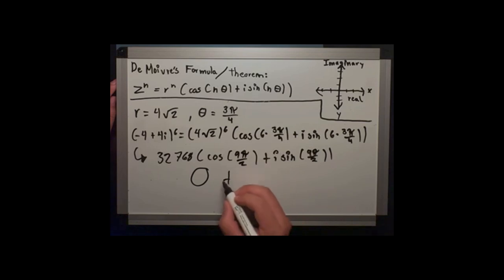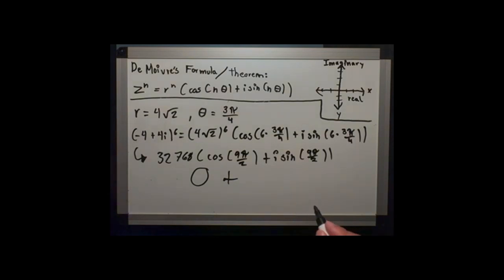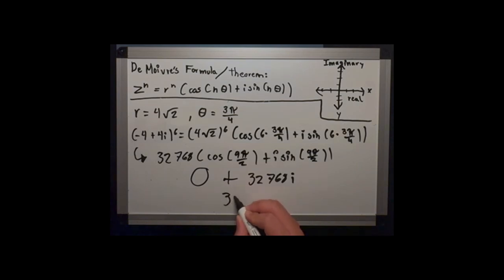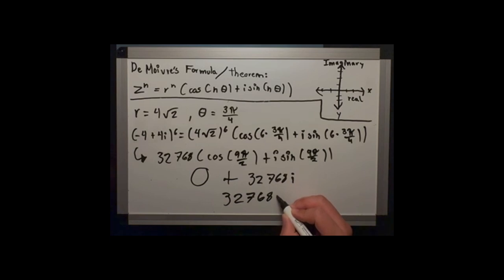And now, when you multiply by this one, same thing, the coterminal angle is going to be pi over 2. But in this case, sine is going to be 1. So if you were to multiply this whole thing across, the answer would be 32,768i. And now the answer for this is going to be 32,768i.